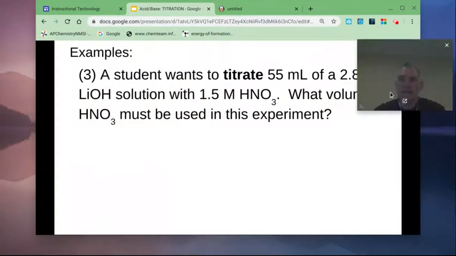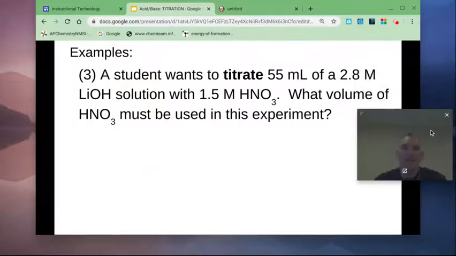Last question for this lesson is example 3. Here we have a student that wants to titrate 55 milliliters of a 2.8 molar lithium hydroxide, LiOH, solution with 1.5 molar HNO3. What volume of HNO3 must be used in this experiment?